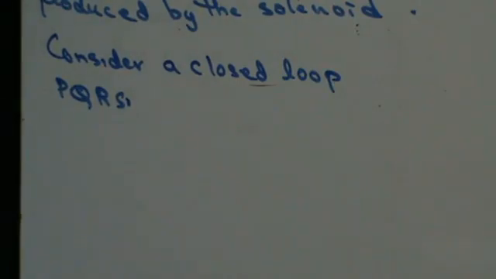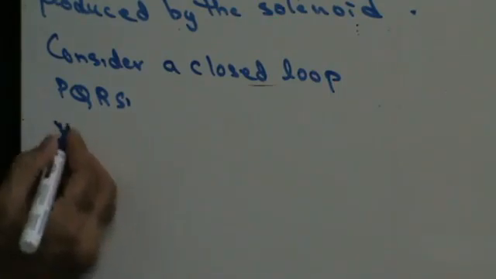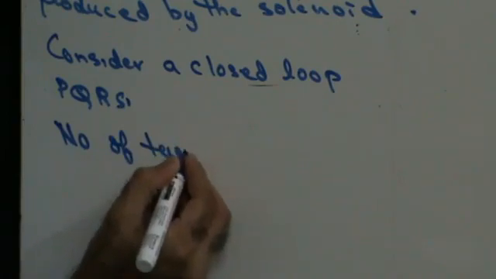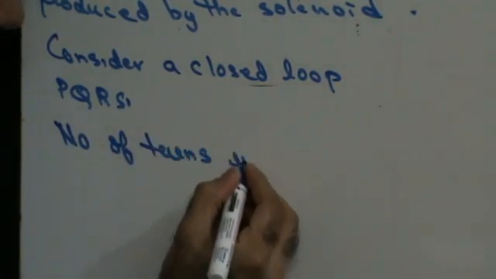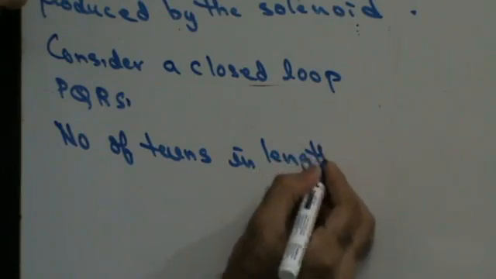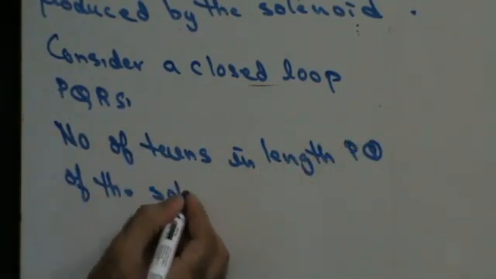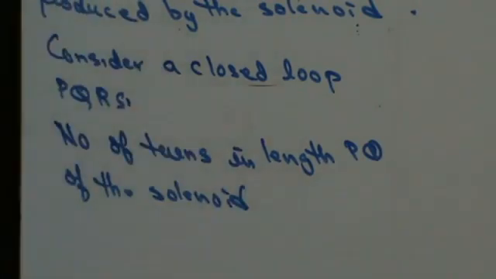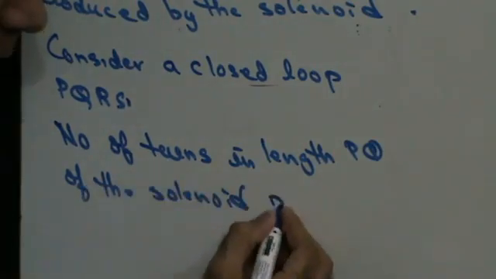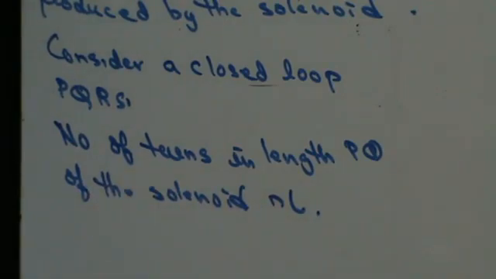Right? Now, L is the length of the solenoid. PQ is the number of turns enclosed by the rectangle PQRS. I can say that the number of turns in length PQ of the solenoid. We had said that N is the number of turns per unit length. Therefore, the length of the solenoid is L. So, in that case, the total number of turns will be N into L. Fine, do we get this thing clear?